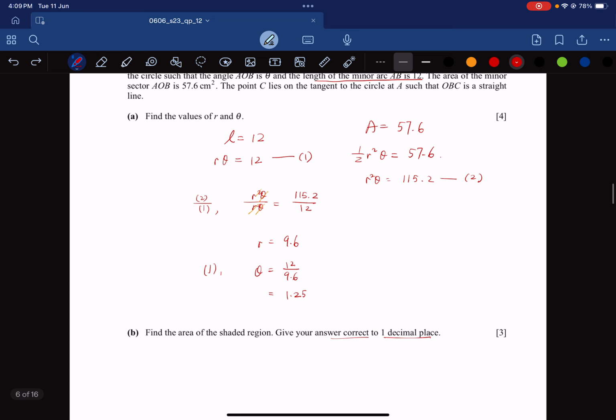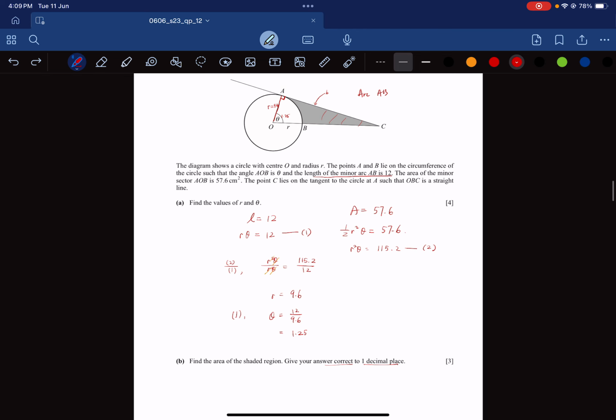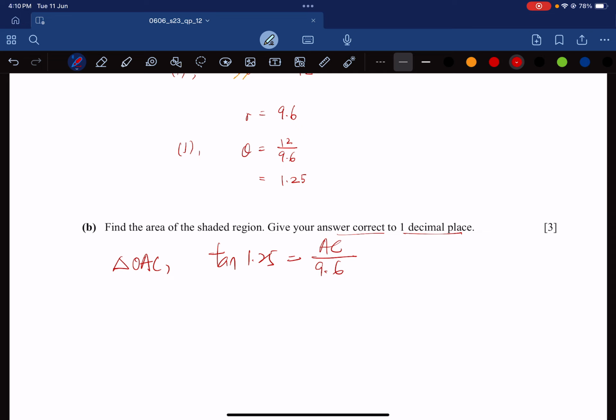In triangle OAC, tangent theta, which is 1.25, equals opposite, which is AC, divided by adjacent, which is 9.6. So AC would be 9.6 times tangent 1.25.